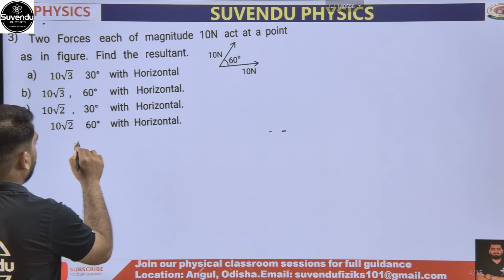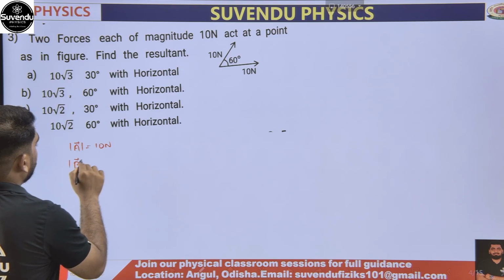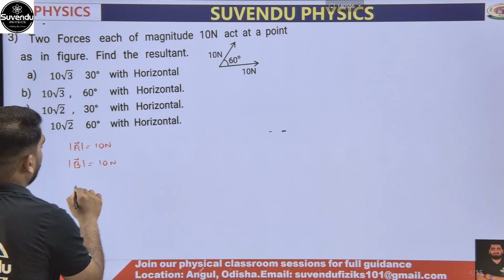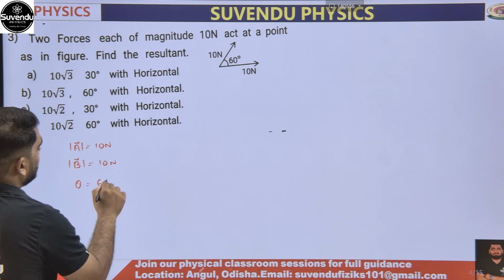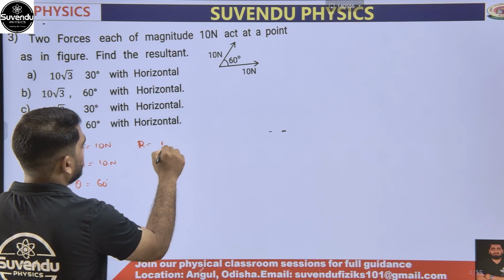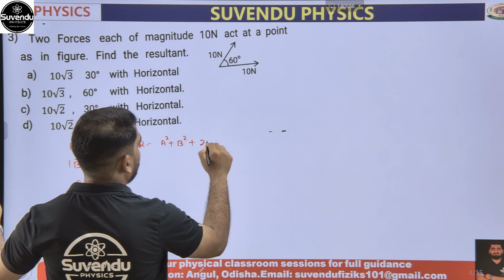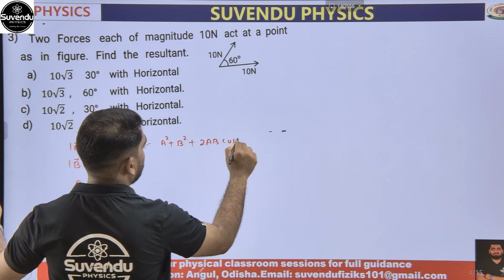That means A vector magnitude is 10 Newton, B vector magnitude is also 10 Newton, and the angle between the two vectors is 60 degrees. For the resultant, R is equal to the square root of A square plus B square plus 2AB cos theta.